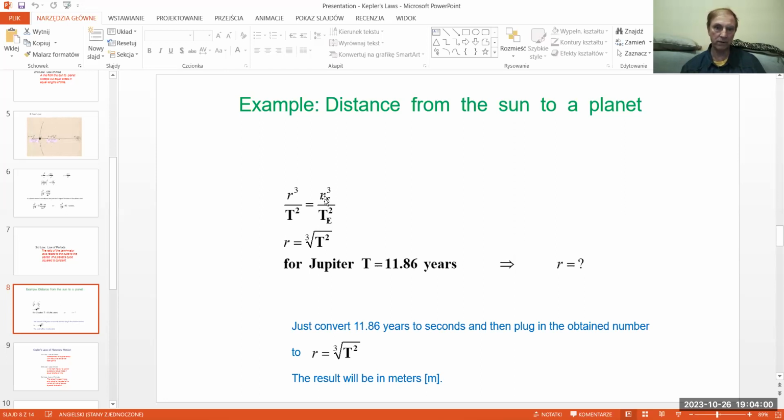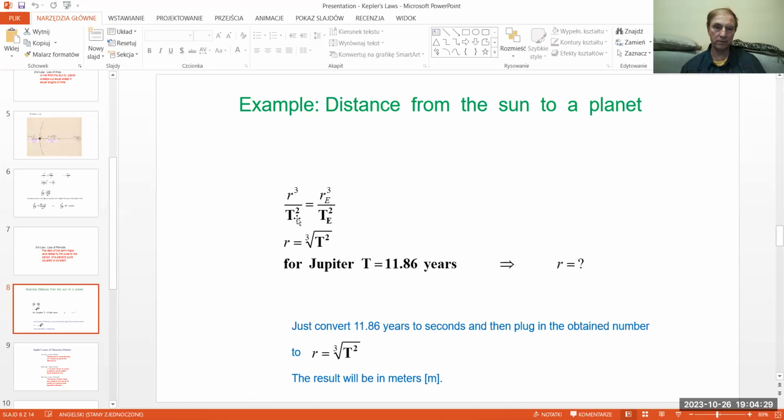Therefore, over here we have 1 raised to the cube divided by 1 raised to the second power. Of course, the right-hand side is equal to 1. Therefore, after rearrangement, we get that r cubed is equal to t squared.